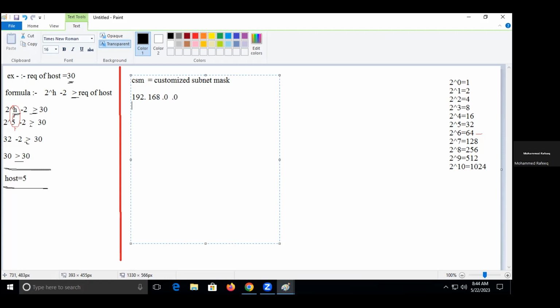What is the subnet mask for class C, Rafi? Whenever you are assigning a class C IP address, you give the class C subnet mask, yes?